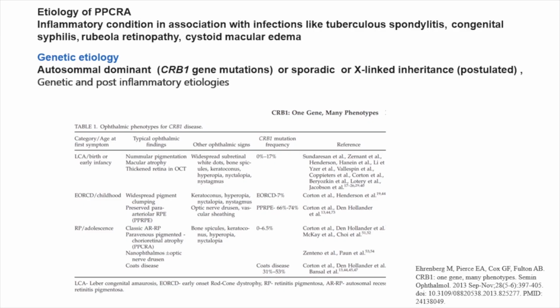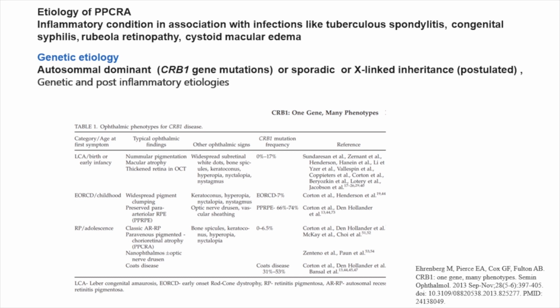So, coming to the etiology of PPCRA, considering this index case is a query PPCRA, there are many inflammatory conditions that are associated with PPCRA, like tuberculous spondylitis, congenital syphilis, rubella retinopathy, and cystoid macular edema.